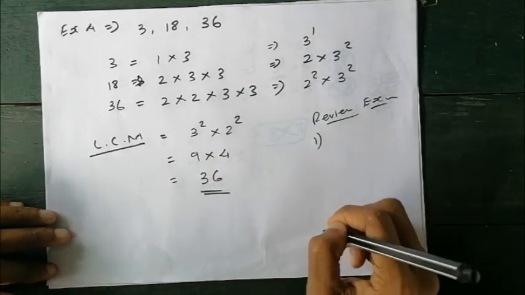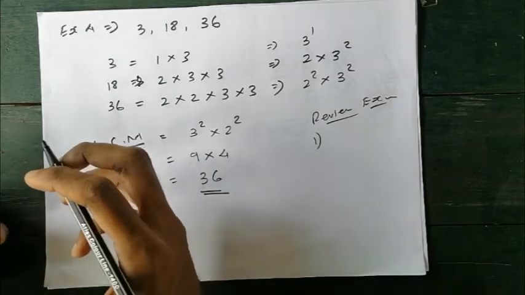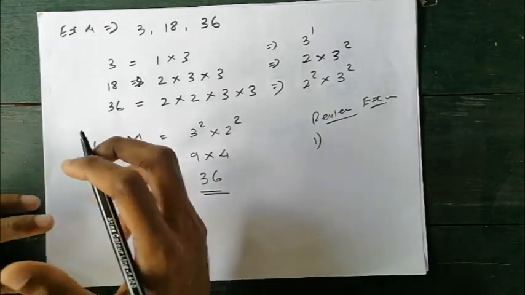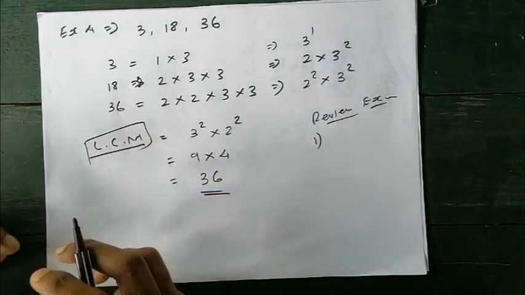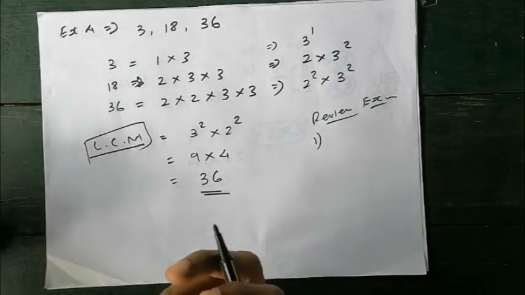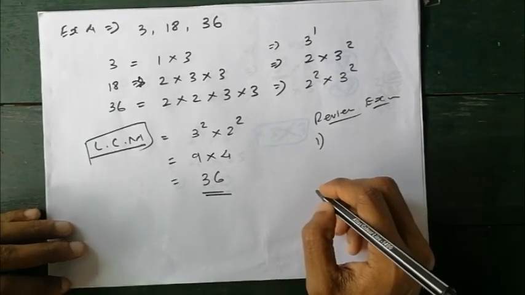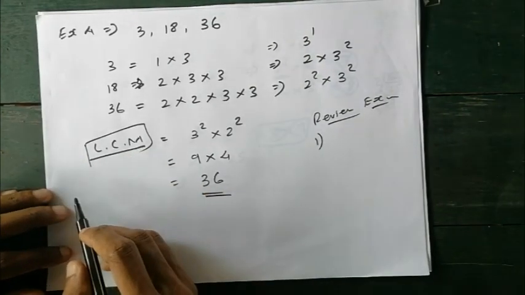The second, third and fourth questions are to recall what is LCM. I told you what is LCM, so do the next 2, 3, 4 questions to understand what is LCM.